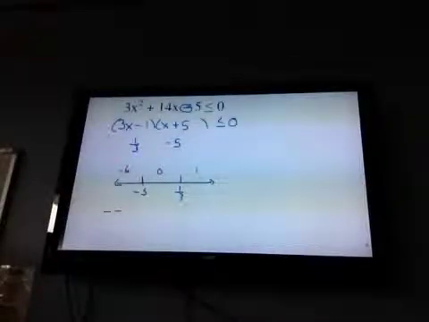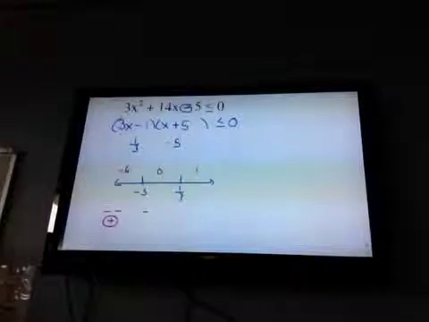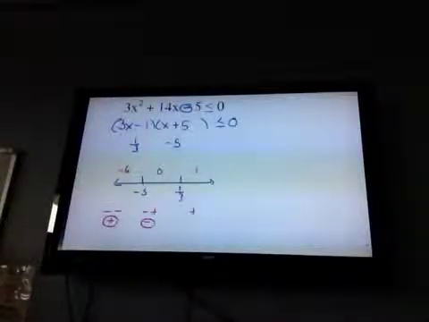And a negative times a negative is going to be a positive. When I plug in 0, 3 times 0 minus 1 is negative. 0 plus 5 ends up positive, and that's going to be a negative. I'm going to plug in 1, 3 times 1 minus 1, positive. 1 plus 5 is a positive, and a positive times a positive is a positive.